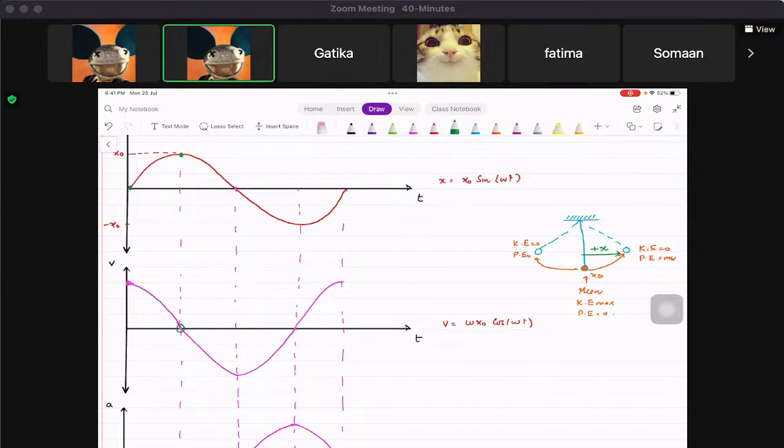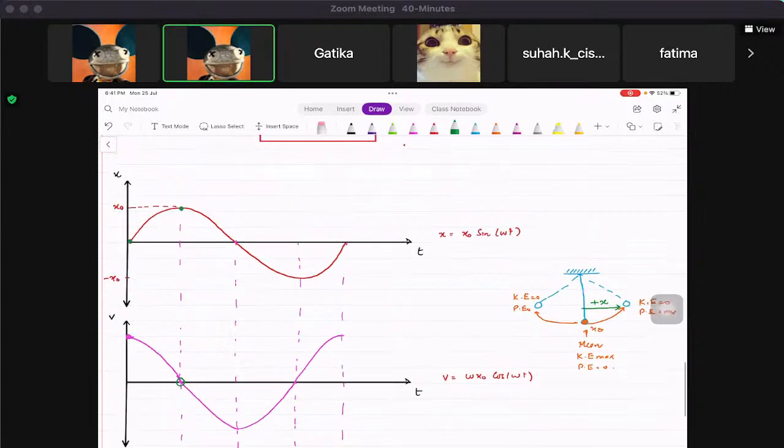Do you guys understand what I'm saying? Not really, sir. Check this out. If I go from zero displacement, which is this point, to a maximum displacement, which is x naught here, I would go like this.